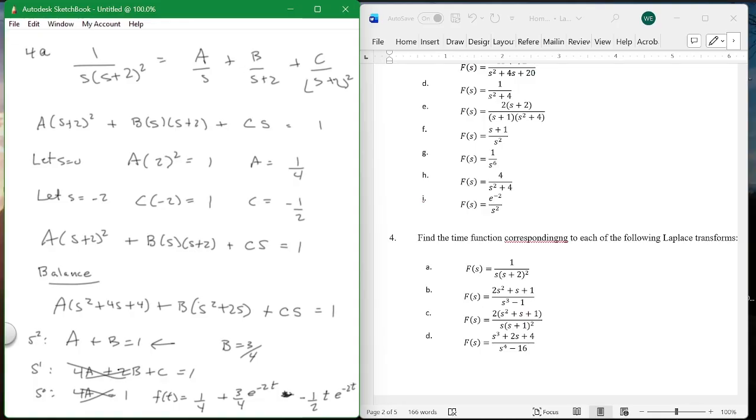Does everybody see that t, that's rule number what? 23. This is rule number 23.